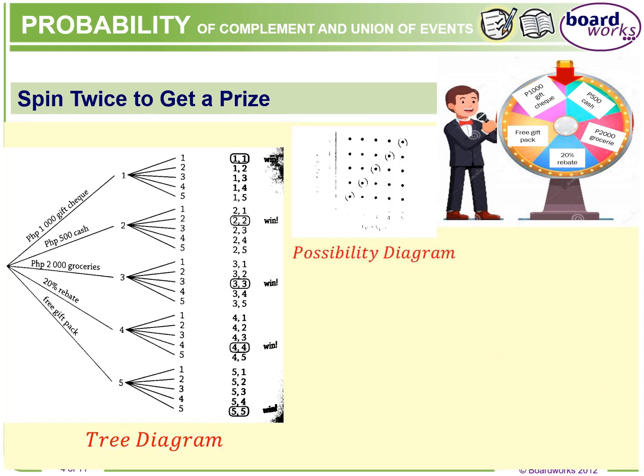Study the diagram and the possibility diagram. If the spinner does not stop at the same sectors in both spins, where does it stop?